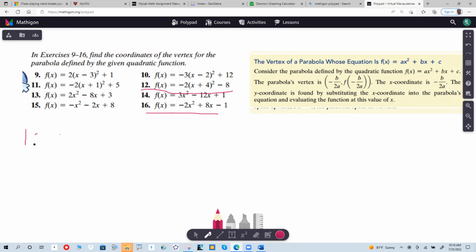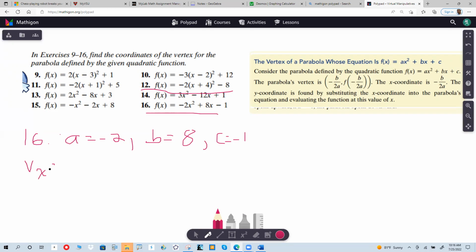Okay, I am writing the values of A, B, C first. A is -2, signs do matter. B is 8, and C is not 1, but -1. I'm just going to write vertex x coordinate.